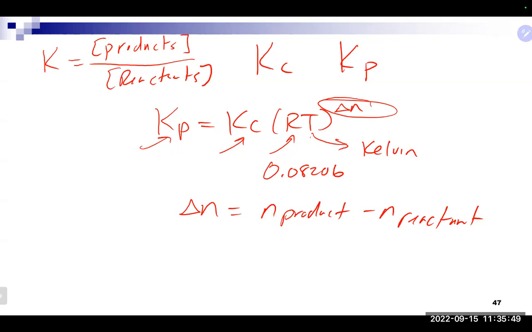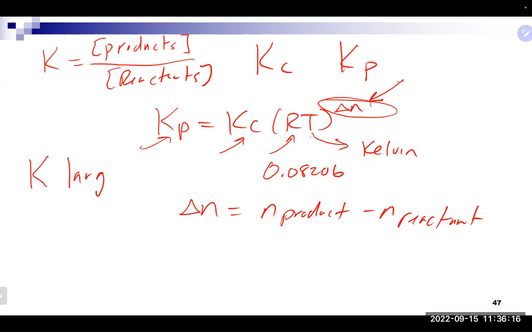It is important to do products minus reactants because the actual sign that you get is really important, mathematically speaking. If you get a negative, that is a much different operation than if you had a positive number there for delta n. So you do not want to just take the difference and ignore the sign because you will probably get it wrong.